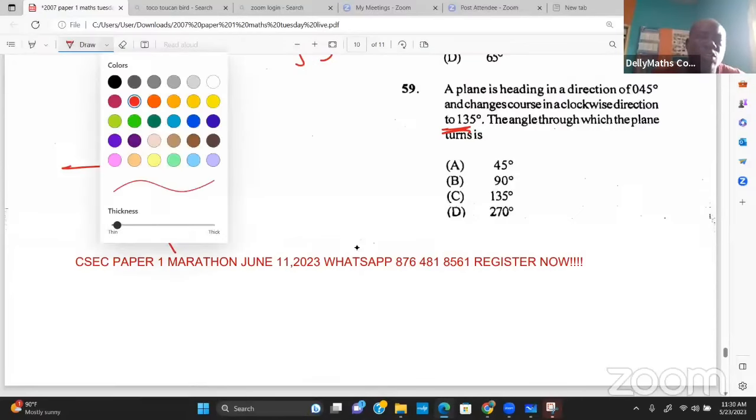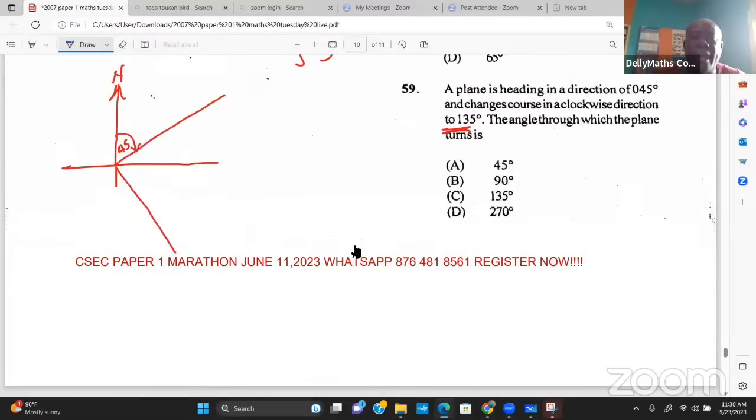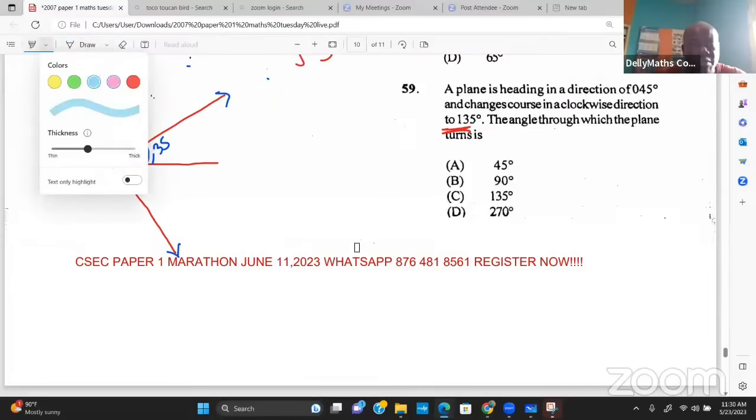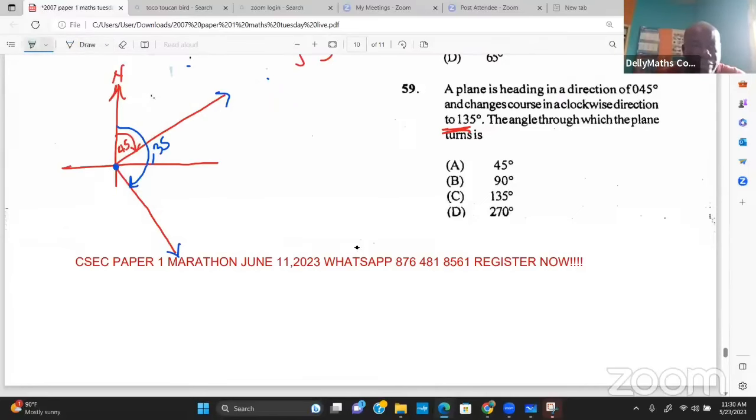But where does 135 come from from a bearings perspective? It still comes from the north of the point here. So it's going to go all the way here. 135 would encompass that 45 and go on some more. The turn, though, you would have realized that the plane was heading here and then ended up heading here. So the turn in focus will just be right here.